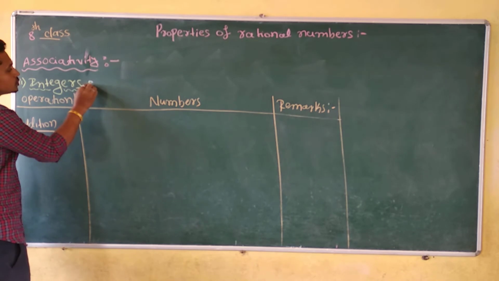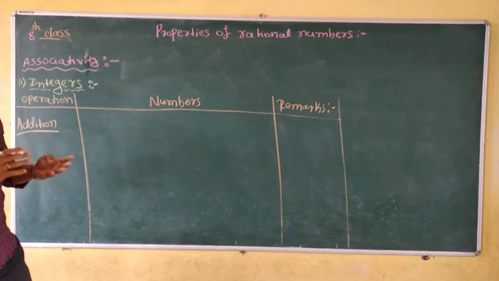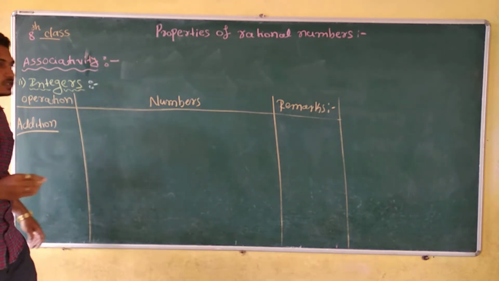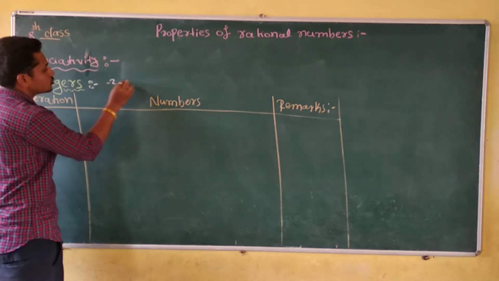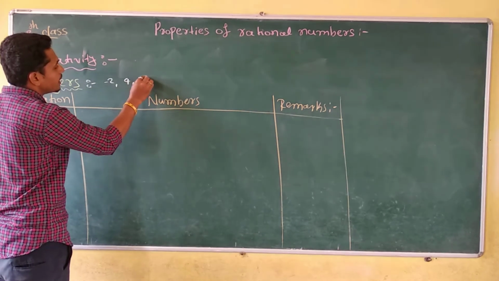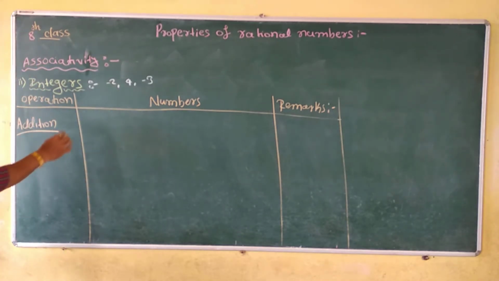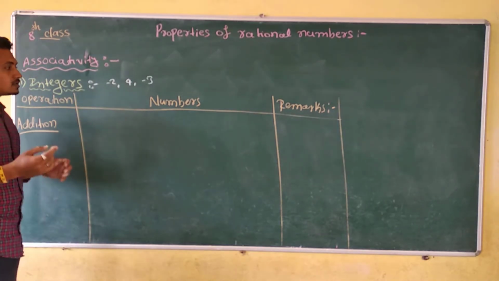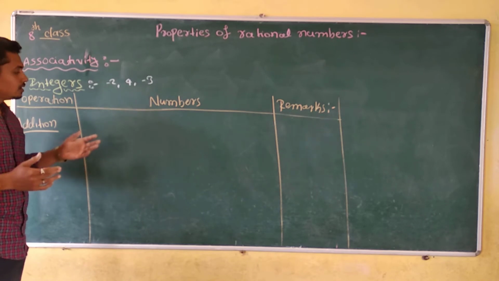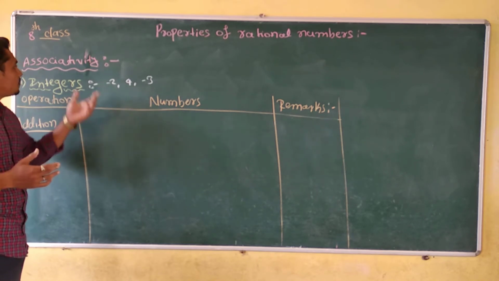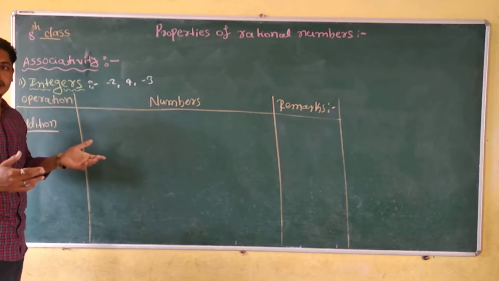Now I have to choose any three integers. I choose -2, 4 and -3. These are the three integers. In the last class you already learned the general form of the associative property. What is the general form?